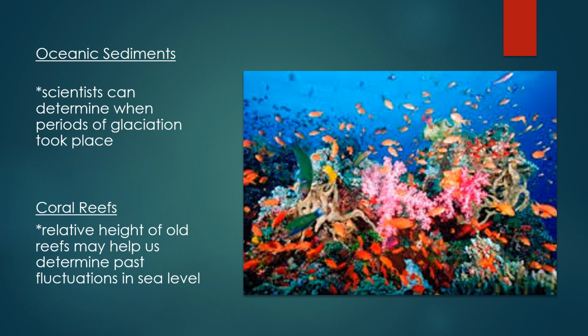You also have common marine microorganisms that excrete shells or exoskeletons, and all that organic material and the remains of those little animals build up in layers on the ocean floor. When you look at these layers, you can determine when those periods of glaciation took place. It's kind of the same idea: you would drill a core sample into the ocean floor and be able to test it.